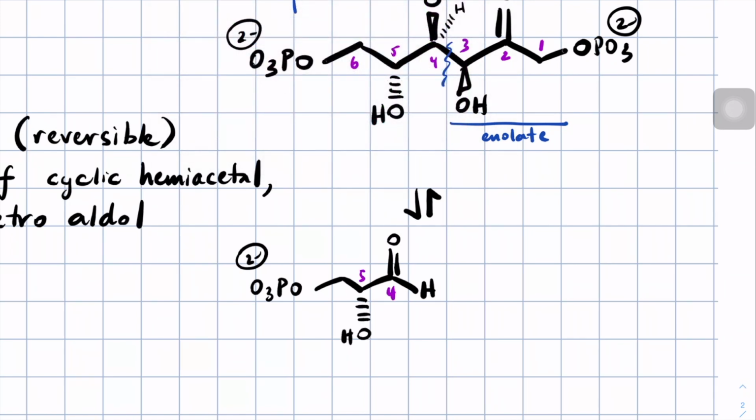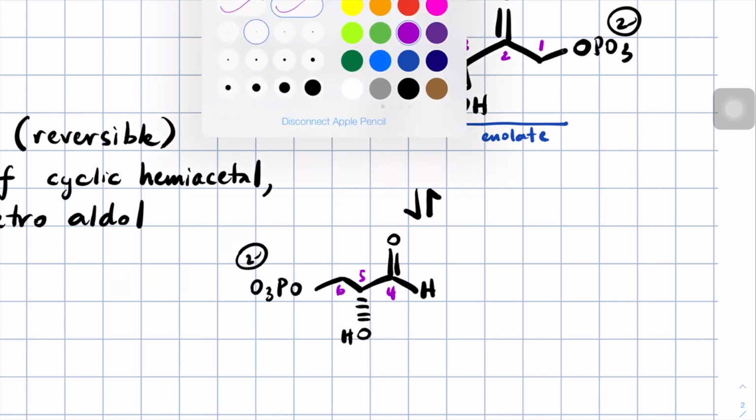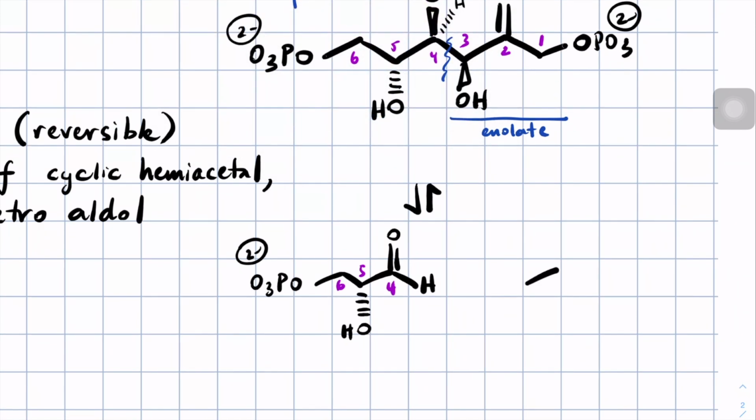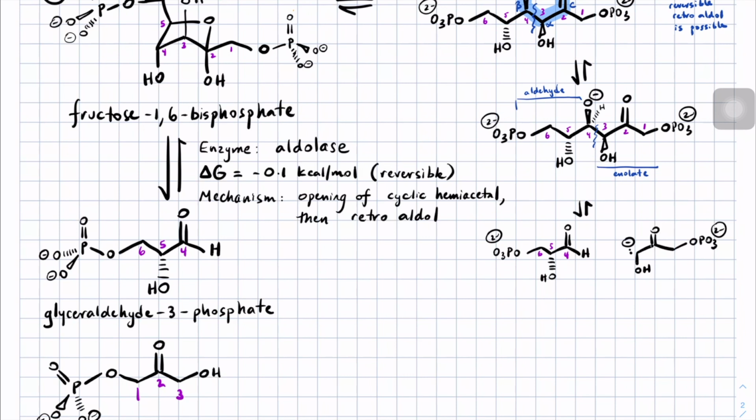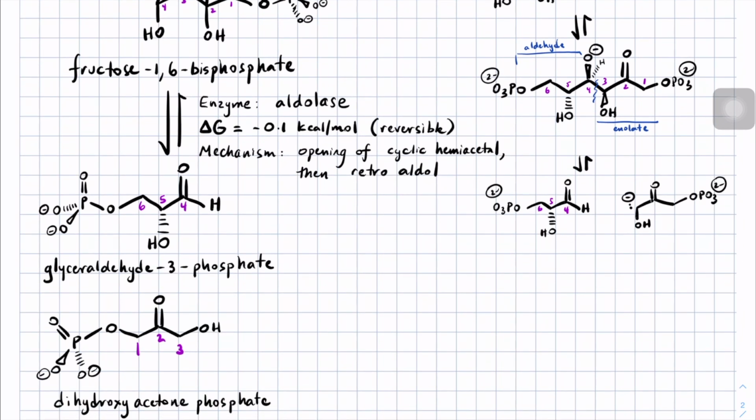And that's carbons 4, 5, and 6. And then, of course, over here, we would have an enolate, and we could very easily have gotten that from its corresponding conjugate base.